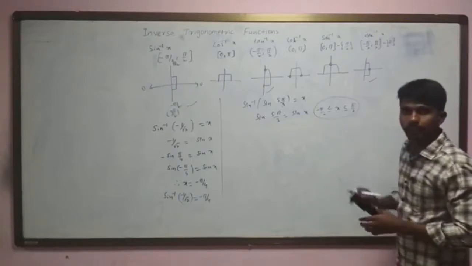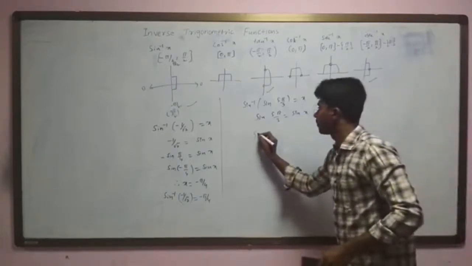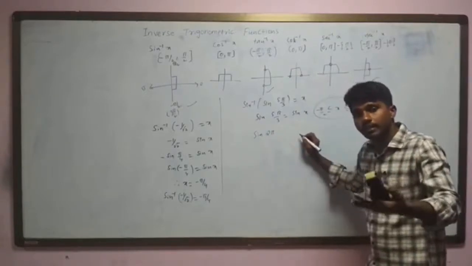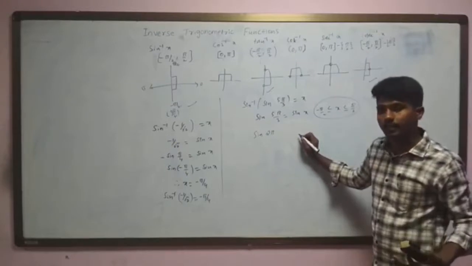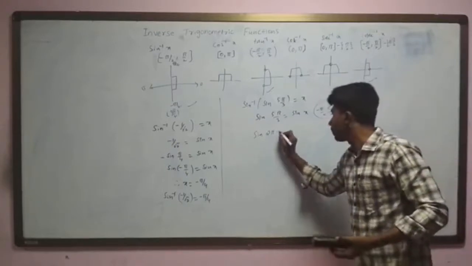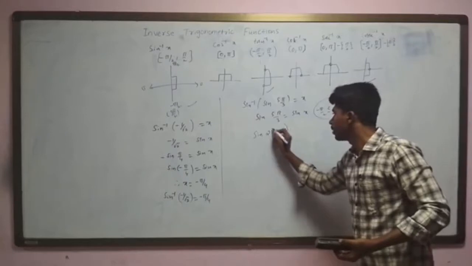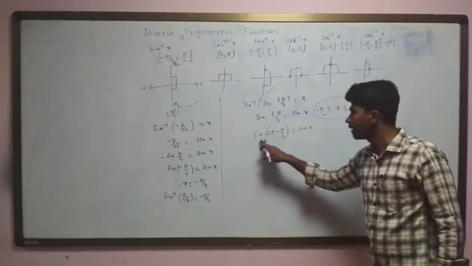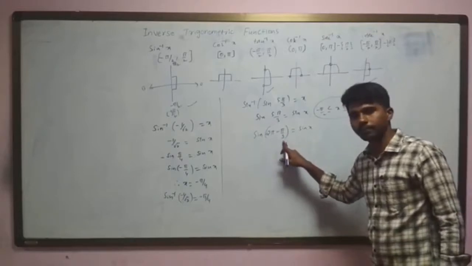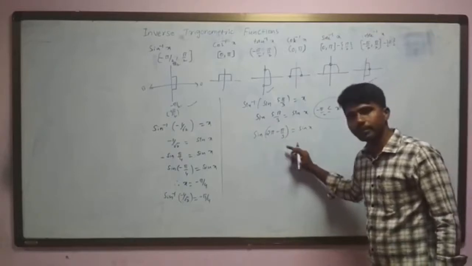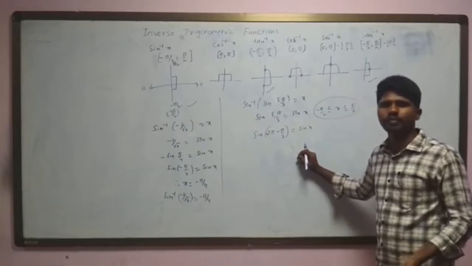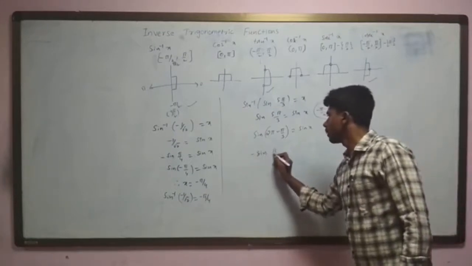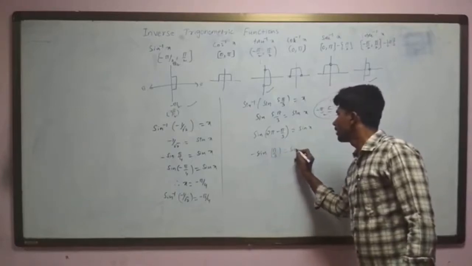So what I can write is sin of 2 pi minus pi by 3. 300 can be written as 360 minus 60, so I can write it as 2 pi minus pi by 3, which is equal to sin x. Sin of 2 pi minus theta is minus sin theta. So we can write it as minus sin pi by 3, which is equal to sin x.